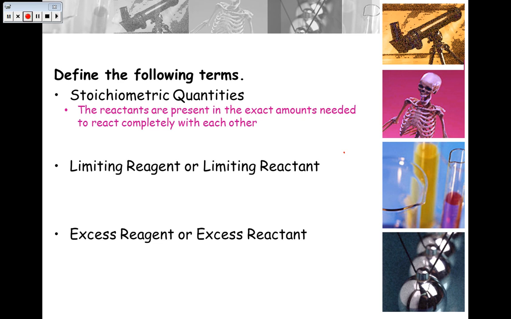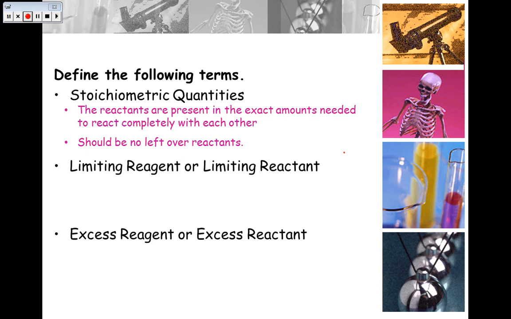The amount of those that gives you a perfect amount of sandwiches, that's what we call stoichiometric quantities. In chemistry, that means there is no leftover. Nothing gets wasted in the reactant side. You're going to use up every single reactant that you have.